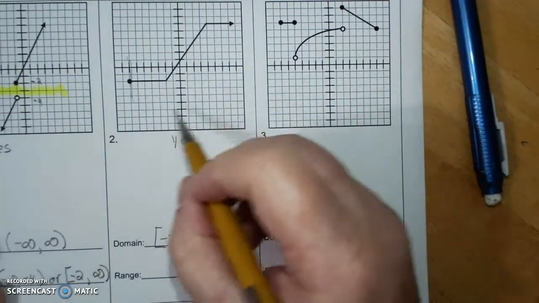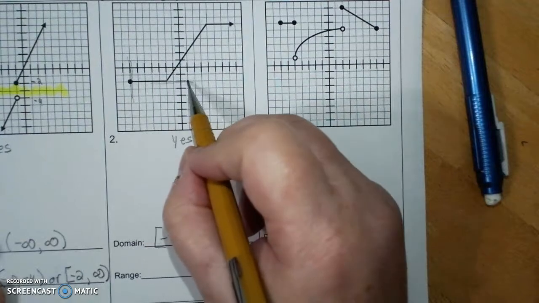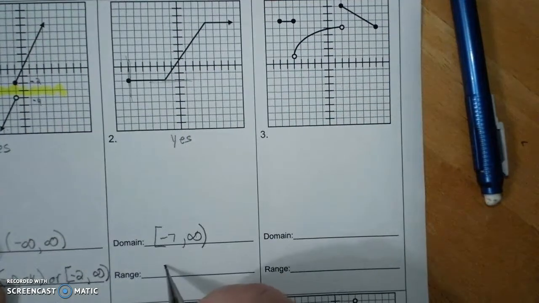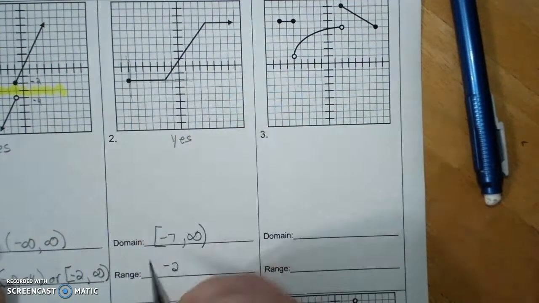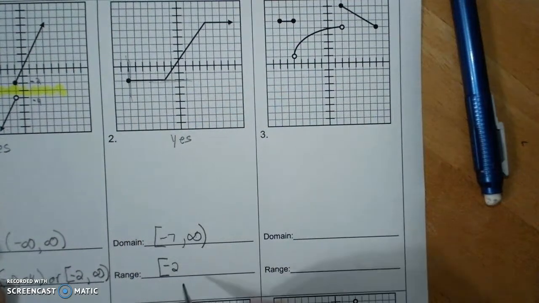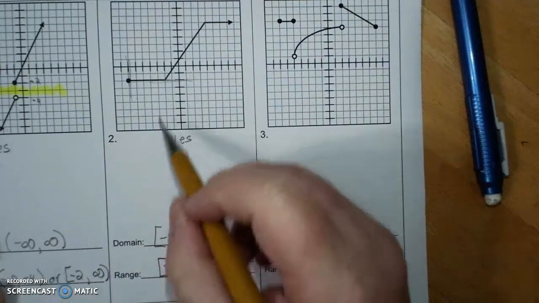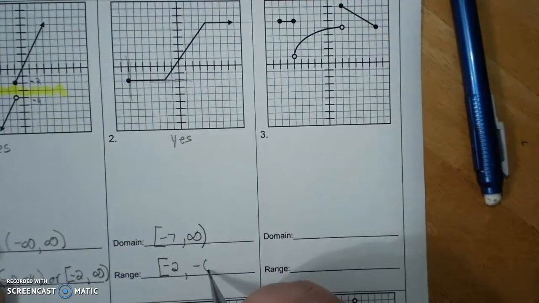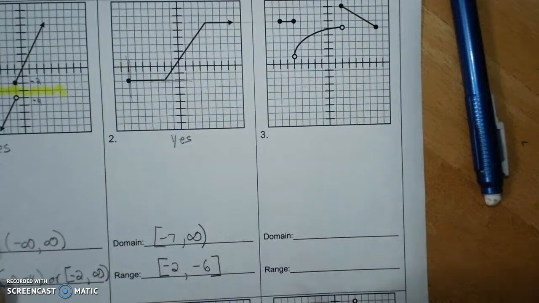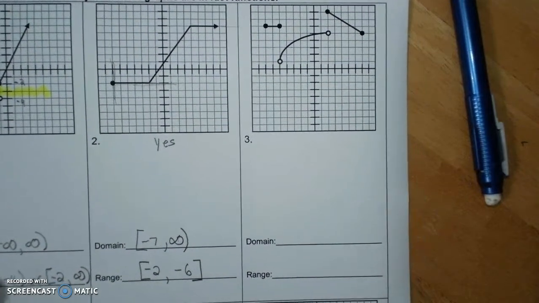And then the range goes from -2, and it is a bracket, and then it goes to -6, and it never goes up, so it's -6, and it is a bracket also.